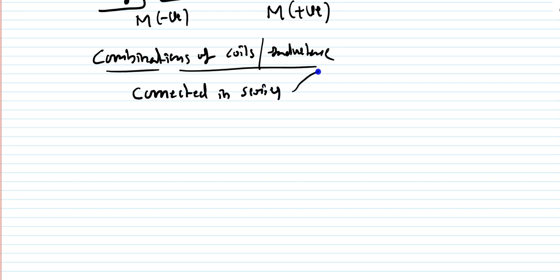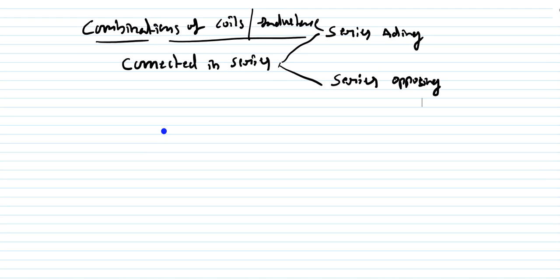If the coils are connected in series, maybe the fluxes are aiding. So series aiding: the fluxes are adding to each other. Or the fluxes may be opposing each other, so I can write series opposing. These are the two configurations possible in a series connection.